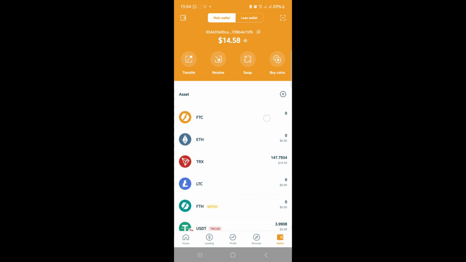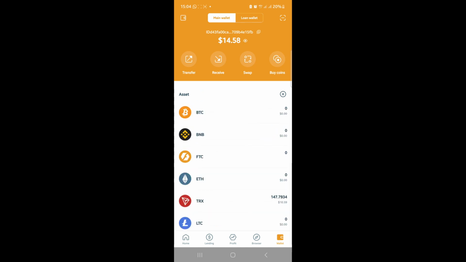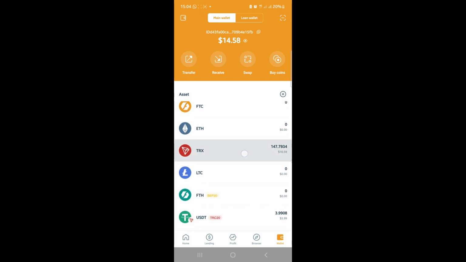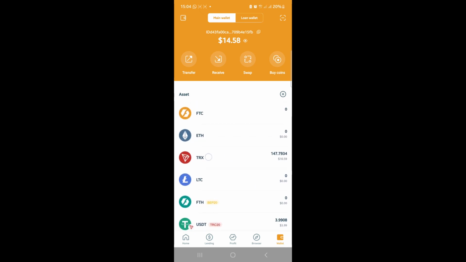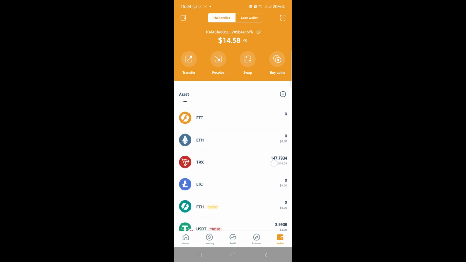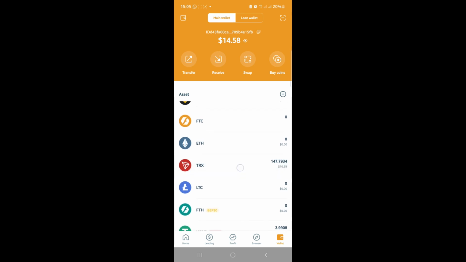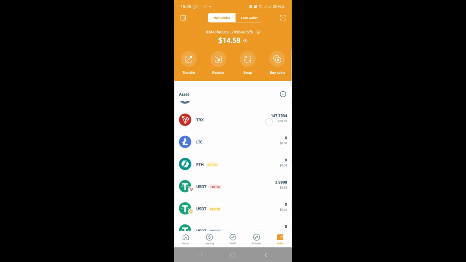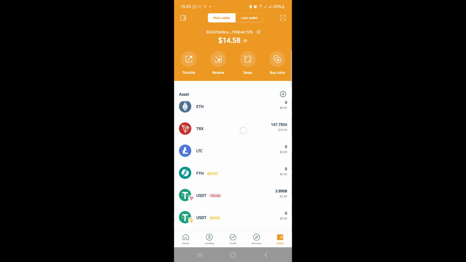Now you can see this is my wallet. I opened this wallet as I was opening the Fintoch account. These are my Tron balance, which I use for transaction fees. So when you start, make sure you have maybe $10 of Tron coins to be used as fees. If you are using TRC20, you will use Tron coins for transaction fee.